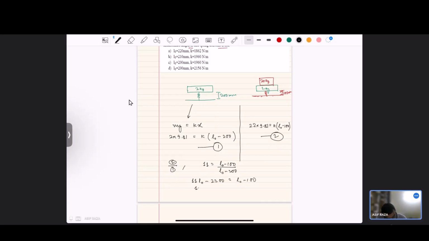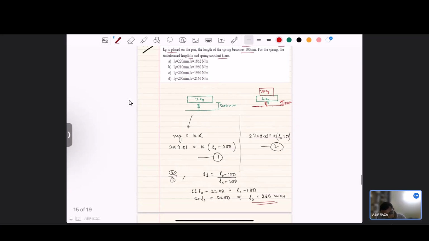So 10 L0 equals this would be 2100. So L0 will come out to be 210 mm. So with that itself we can say what would be our answer. Answer would be option B.